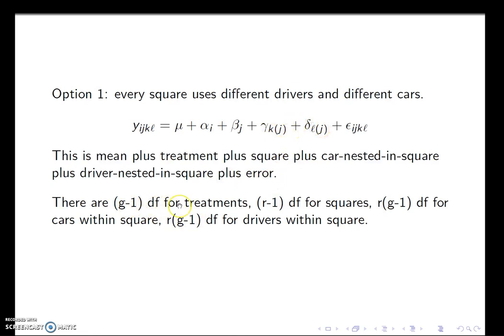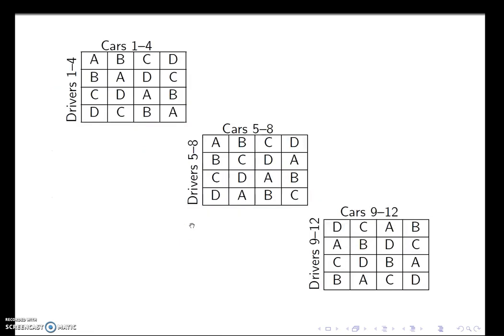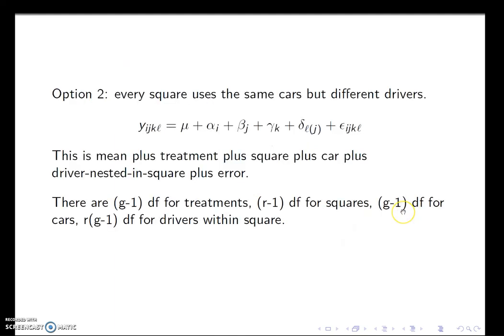There's going to be G minus 1 for your treatments, of course, R minus 1 for your square, and then R times G minus 1 for your cars within square, R times G minus 1 for your driver within square. This is one option, not one I would prefer. If we did it this way, we have cars 1 through 4 here, 5 through 8 here, 9 through 12 here, and the blocking is also done by driver, 1 through 4 here, 5 through 8 here, 9 through 12 here. So it's an option.